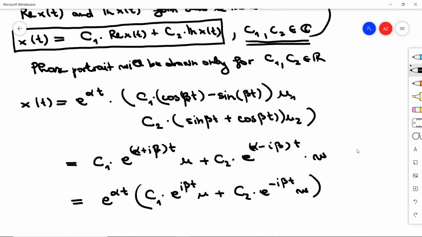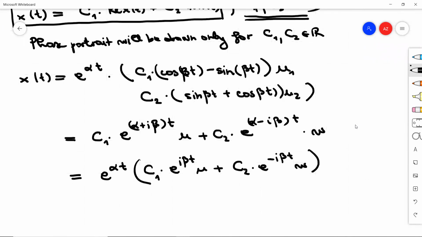Shouldn't the t stand outside the brackets, because it's already in the front, as e to the power of alpha t?